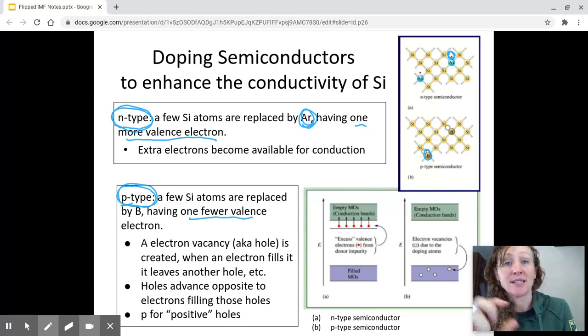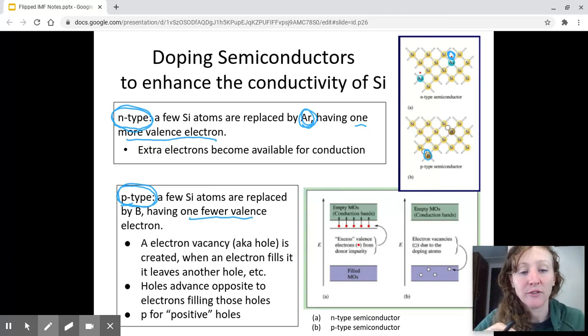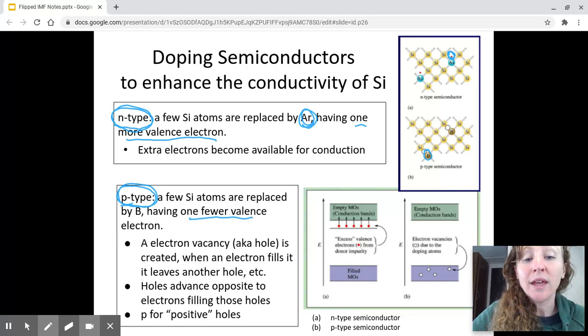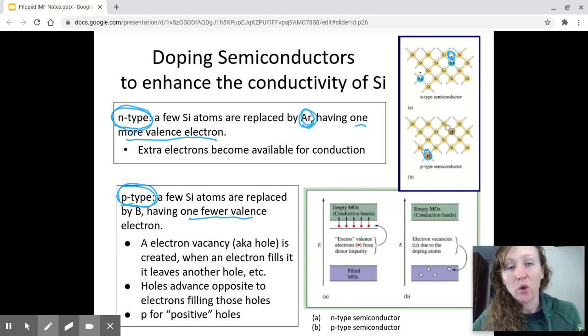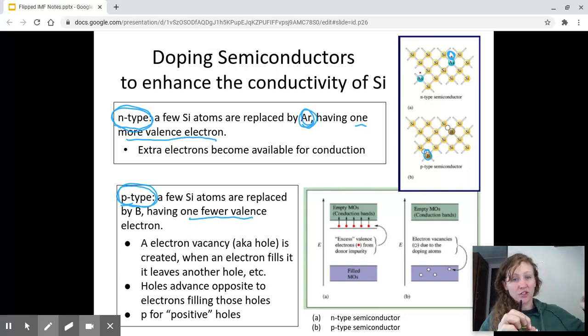So what that does is it leaves a hole in the lattice, a hole that an electron can fill. And when the electron fills that hole, it leaves another hole. And when an electron fills that hole, it leaves another hole. And so as electrons fill the holes, it leaves this moving trail of holes throughout the semiconductor.